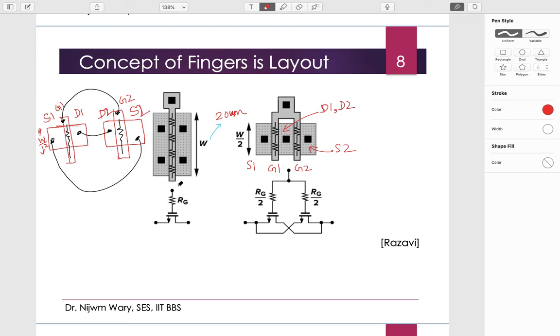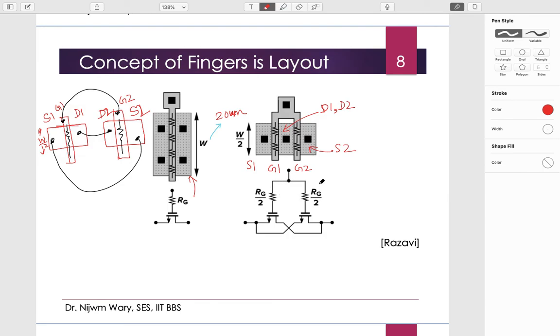If Rg was the resistance of this gate, then with this kind of arrangement or layout, my gate resistance reduces to Rg by 2, and here also Rg by 2.